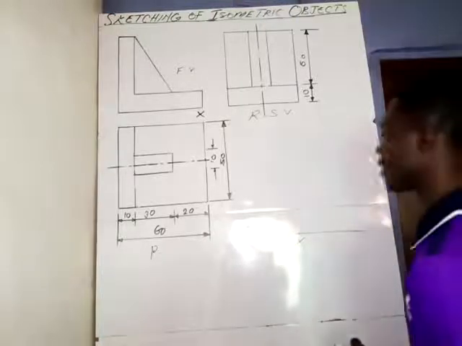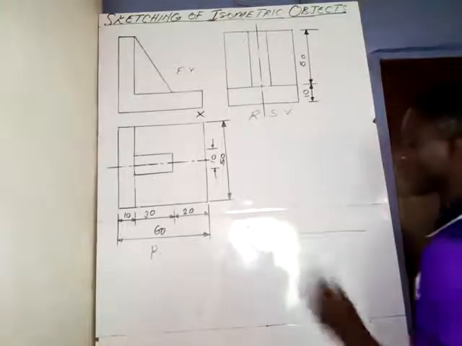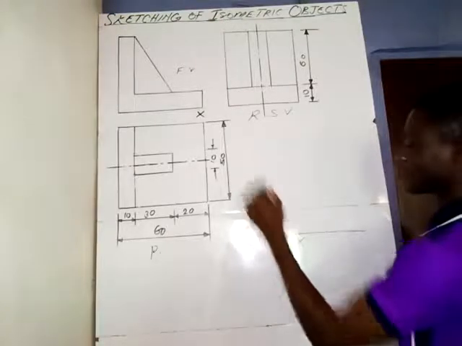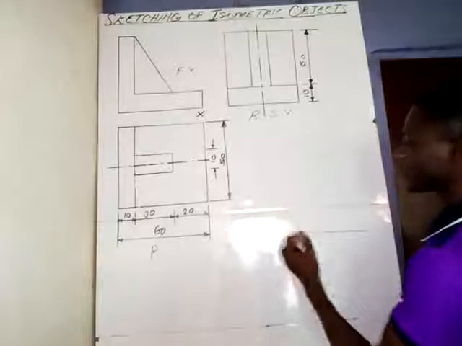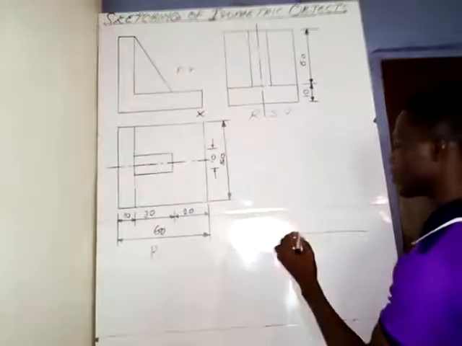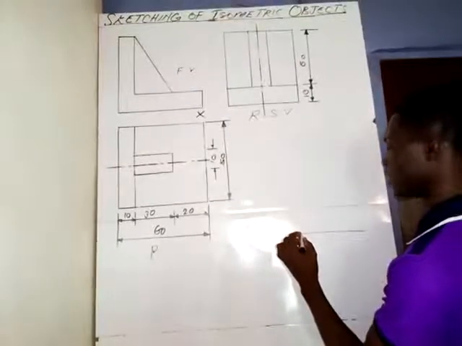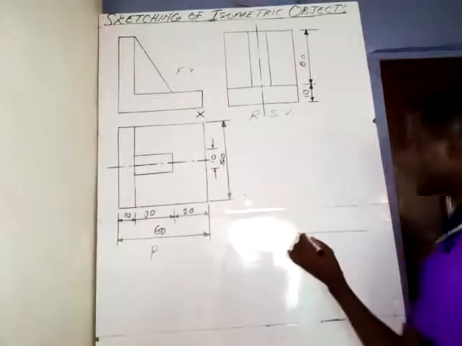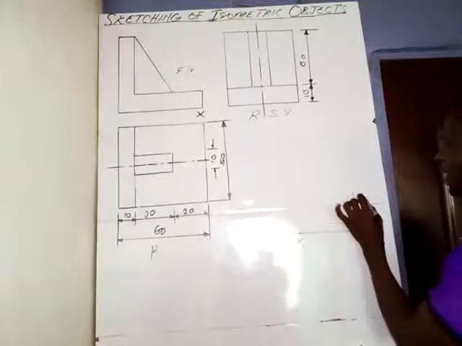Then take your protractor, put it at this point and measure an angle of 30 degrees to the left. Let's say you have it at this point. Then 30 degrees to the right, at the same point with your protractor.